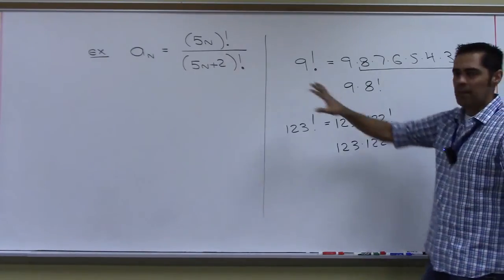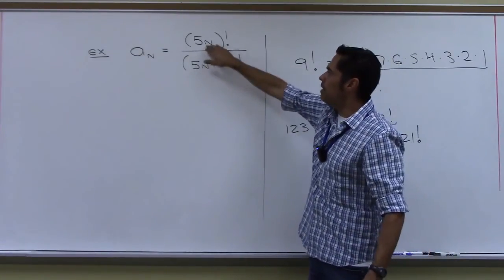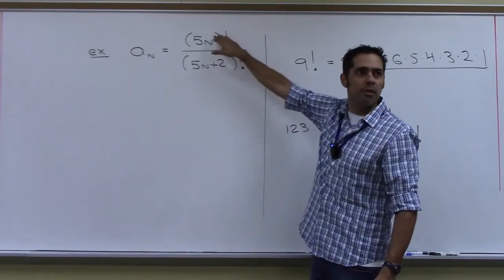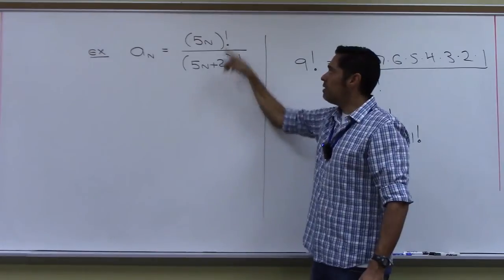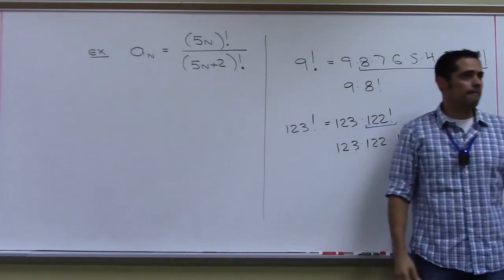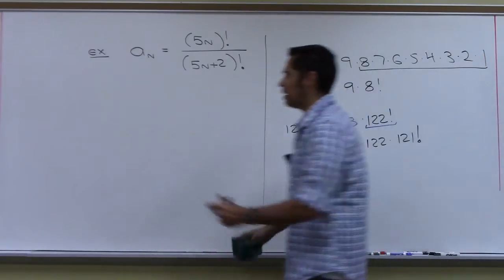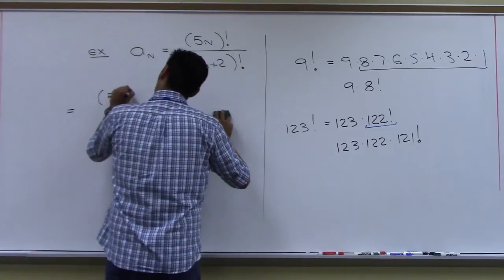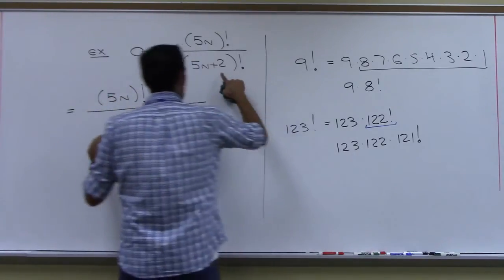Now, do you see how I'm going to use that here? These are almost the same, right? 5n and 5n plus 2. This one is only 2 more than that one. So if I peel this twice, I should get the 5n factorial to appear, shouldn't I? And then they should be able to cancel. That's the idea. Now let me see if I can write it down and you agree. 5n factorial over, now I'm going to rewrite this one.